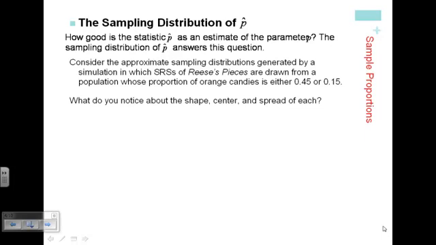I do repeated samples of this candy with the assumption of a 45% proportion of orange. But I also do it again assuming 15% of them are orange.